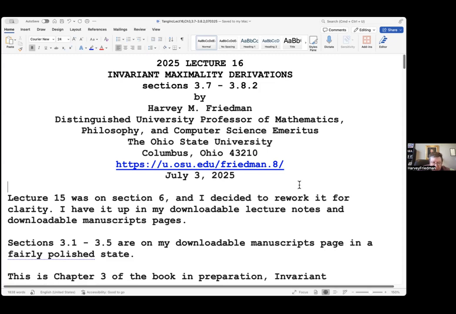And I'm going to create some revised lecture notes to go on the lecture note page for section 6, 3.6. So that's a very stable shape. It took quite an effort.